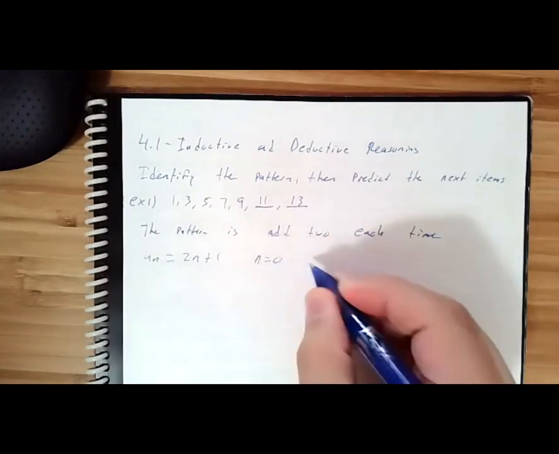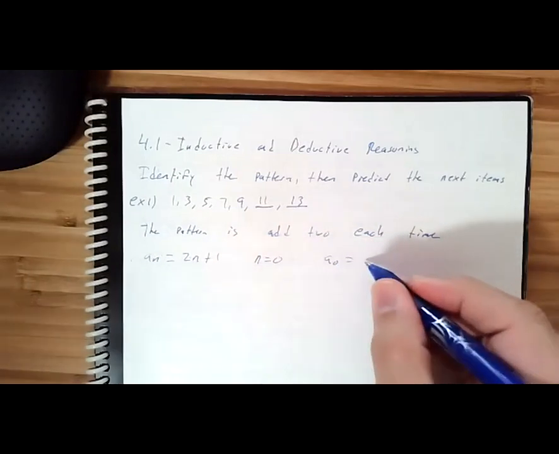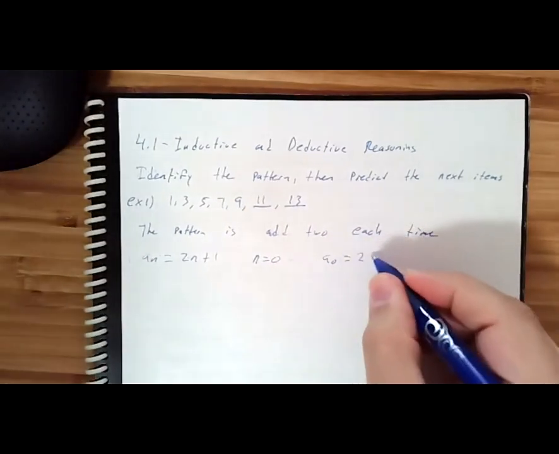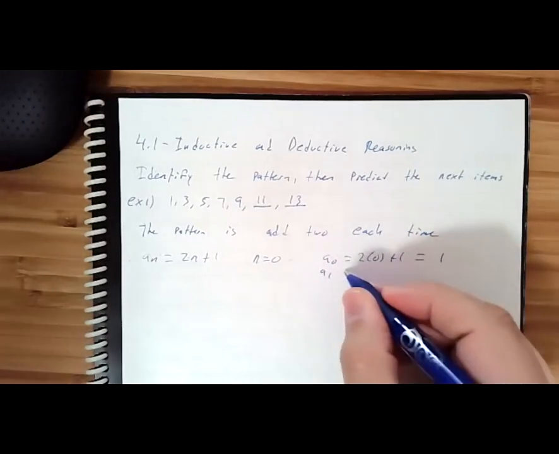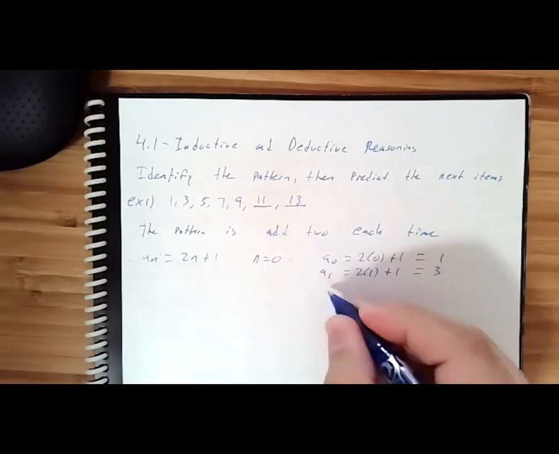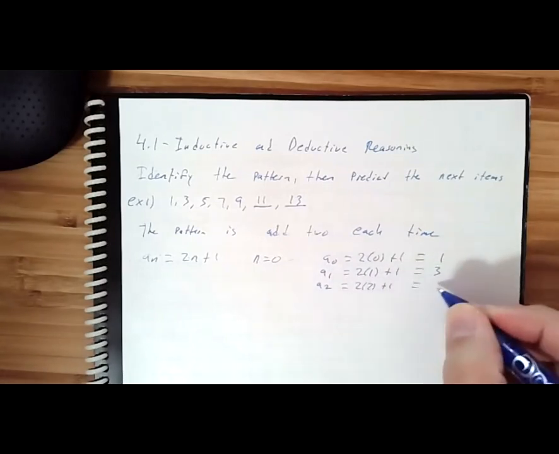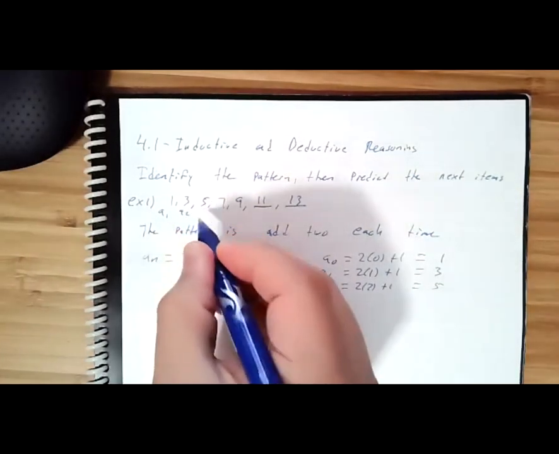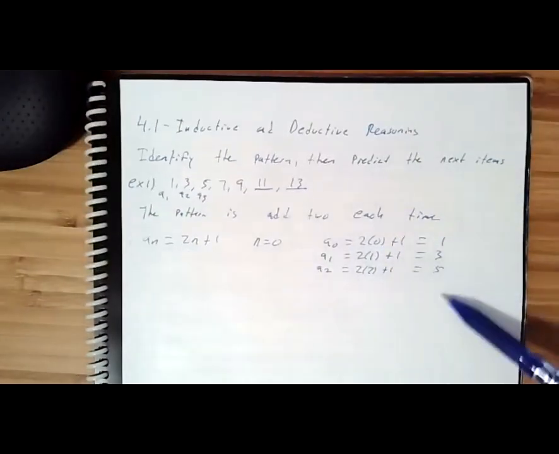If n is 0, we get a0 equal to 1. You would get 2 times 0 plus 1, which is 1. If n is 1, you would get 2 times 1 plus 1, which is 3. When n is 2, you get 2 times 2 plus 1, which is 5. So this is my a1, a2, a3. So you can create a general formula that creates all the terms.